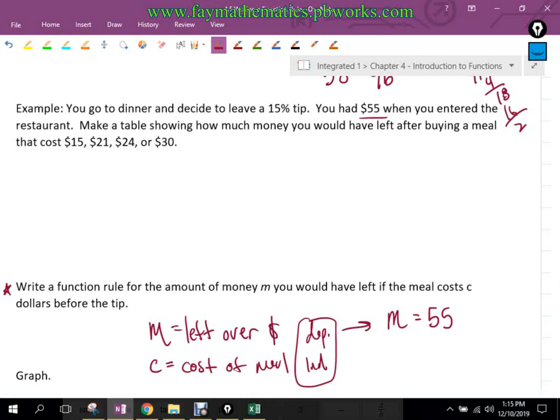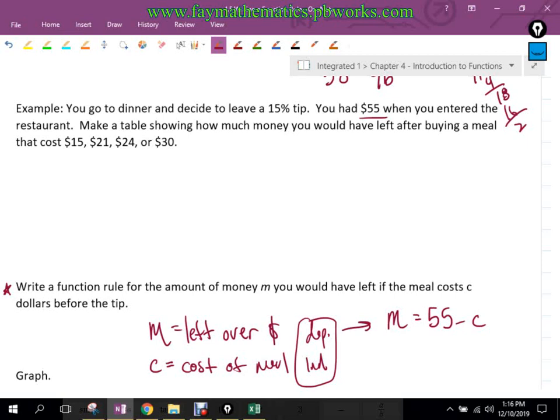Subtracting. If I have $55 in my pocket and I go order something, now I'm starting to subtract money away from that 55 that I have available to order other things, right? So I'm going to remove from this 55 the cost of my meal. Does that make sense? If my meal is $20, 55 minus 20, and if I'm a cheapo, then I'm leaving that building with $35 in my pocket.